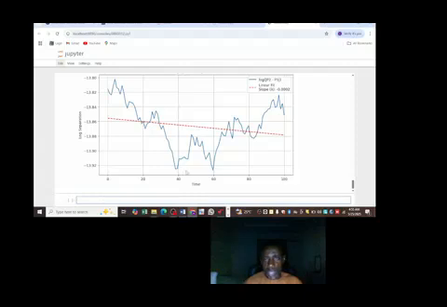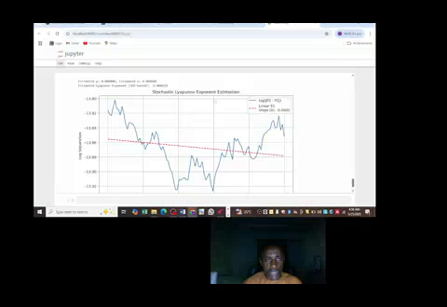Yes, this is what we have. You can see now we have the estimated Lyapunov exponent, SDE based, minus 0.00229. Then we have the expected value, or mean, then the estimated variance or standard deviation.